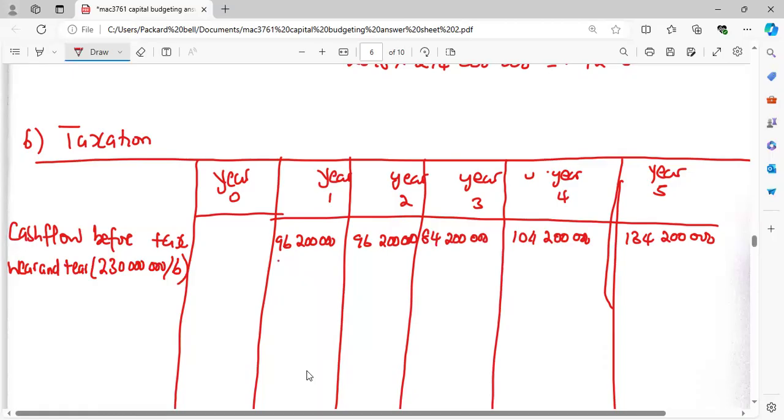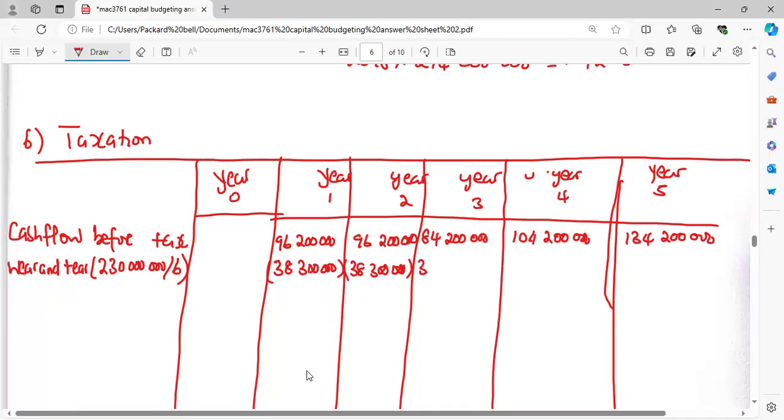Yes. So our capital allowance is going to be 38,300,000. Is it 230 million divided by 6?